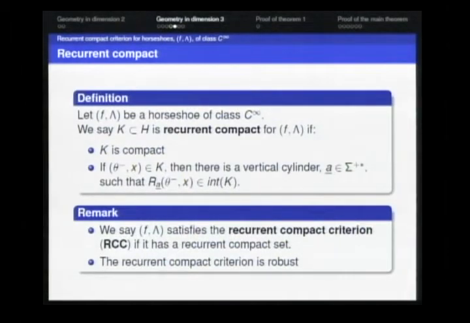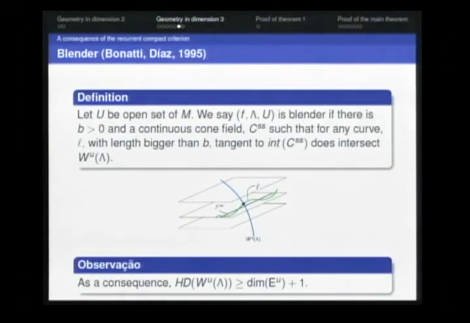So this is the definition of a recurrent compact set. If a horseshoe has a recurrent compact set associated to it, we say it satisfies the recurrent compact criterion. So this talk is mainly about recurrent compact sets.